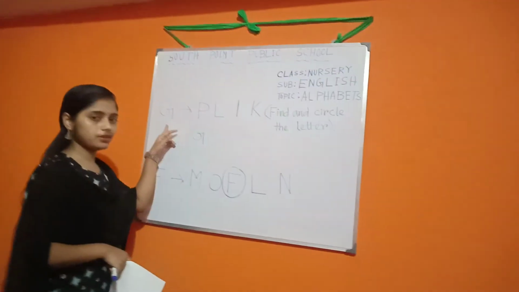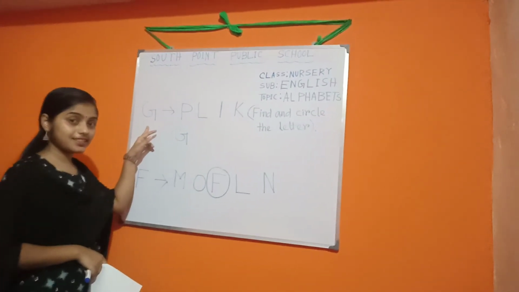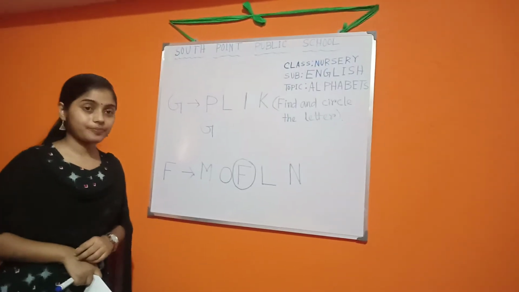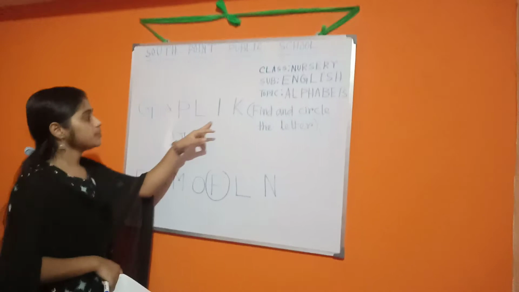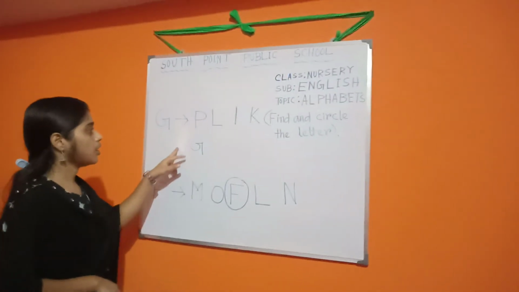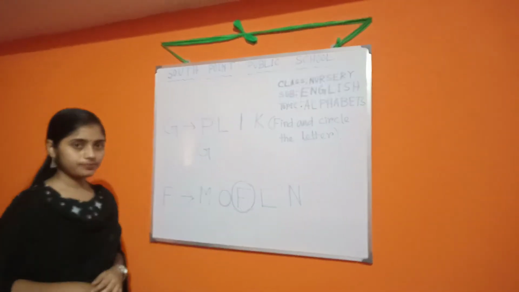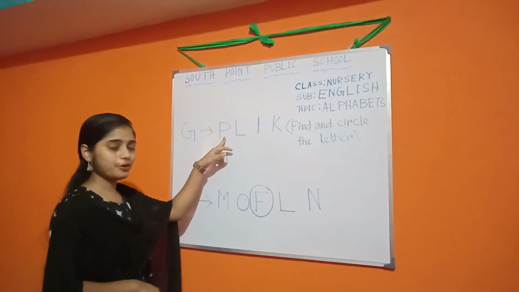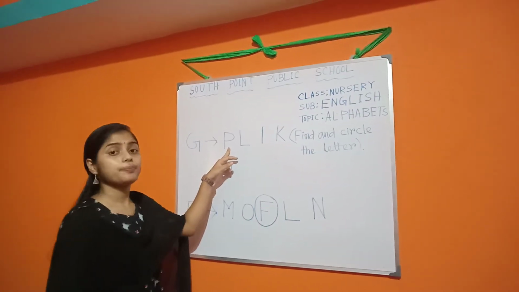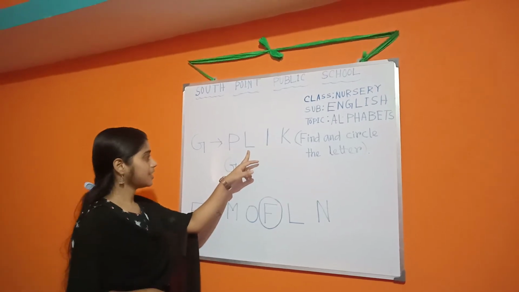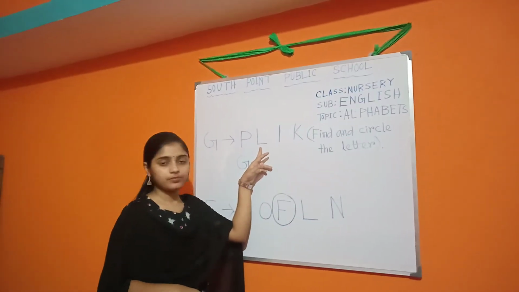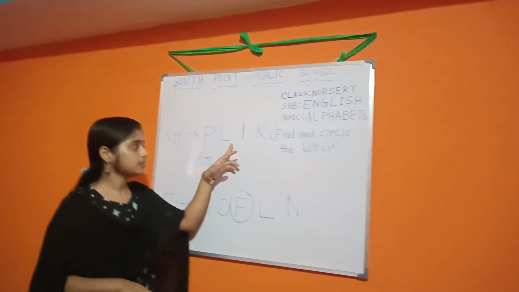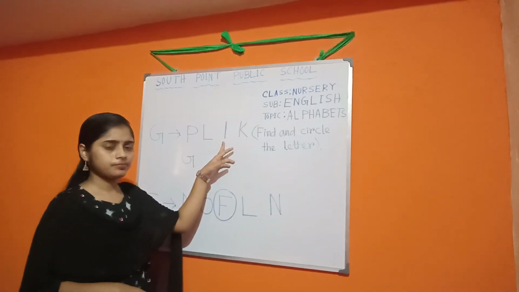Students, look. Which letter is this? Yes, this is G. Now you have to identify where is G. Is it G? No, it is P. Is it? No, it is L. Is it?